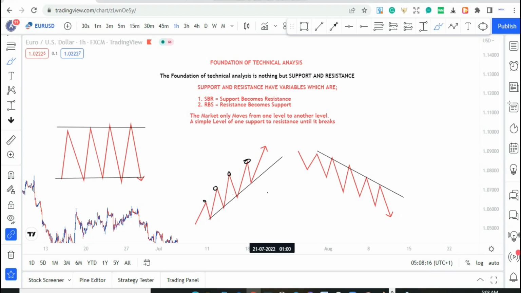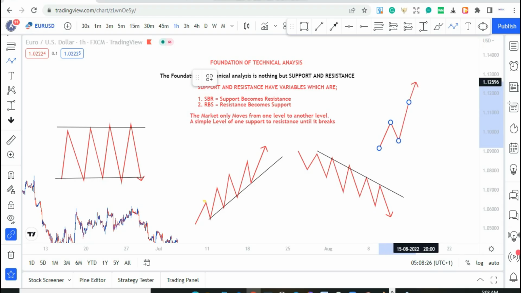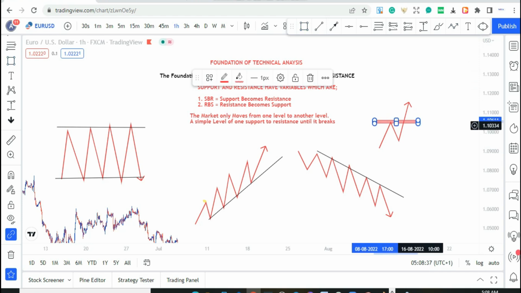So here's a typical example of support and resistance. Now, what do you have here?